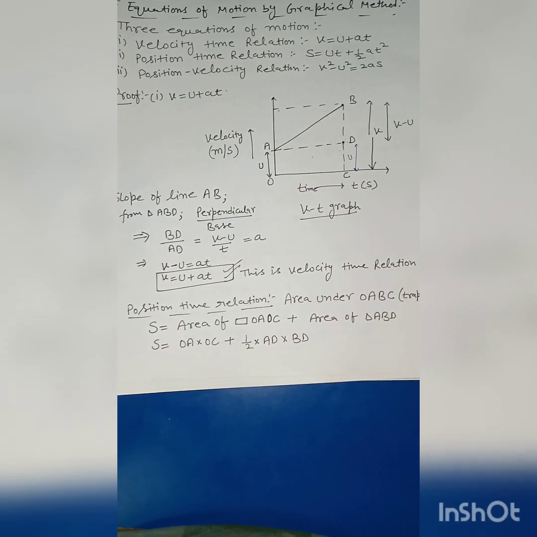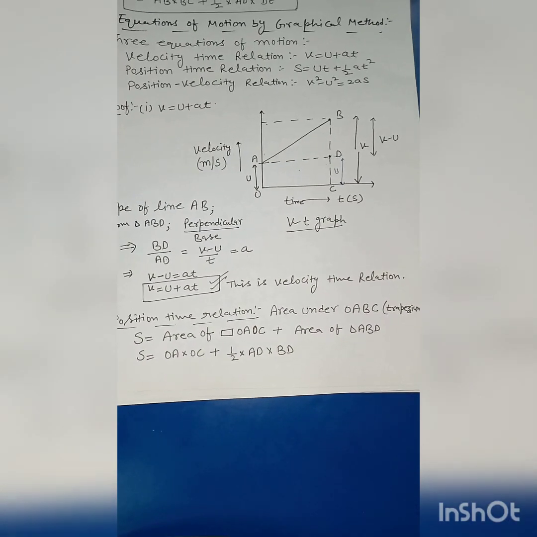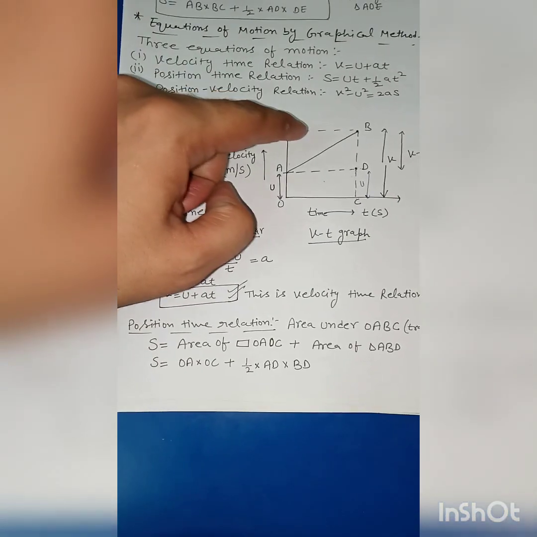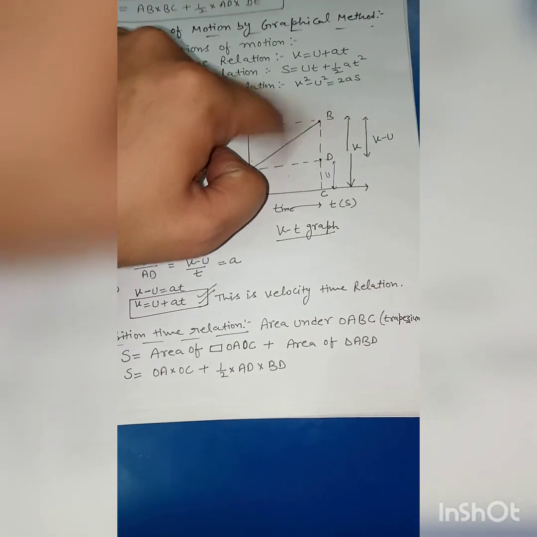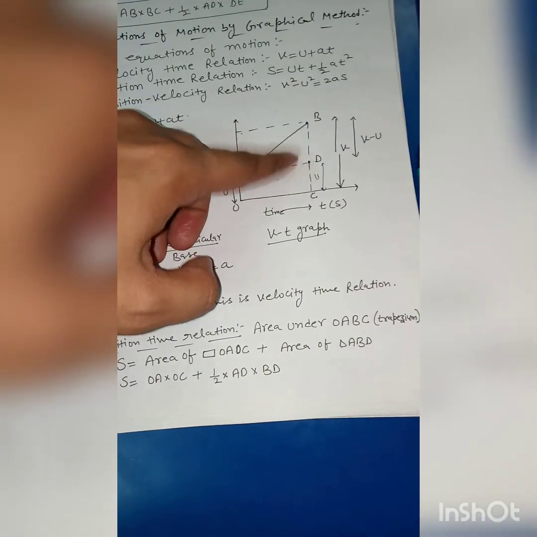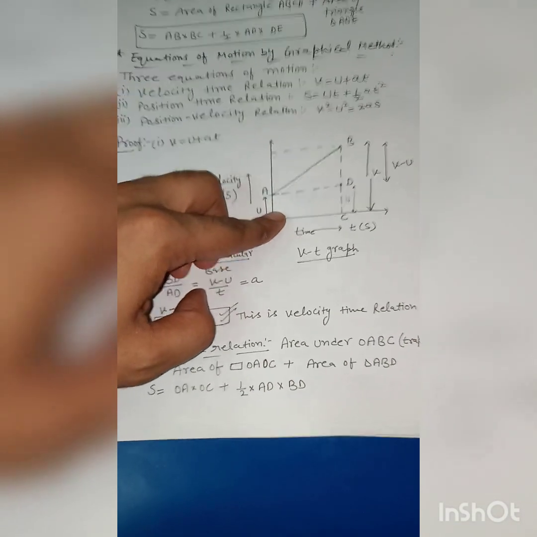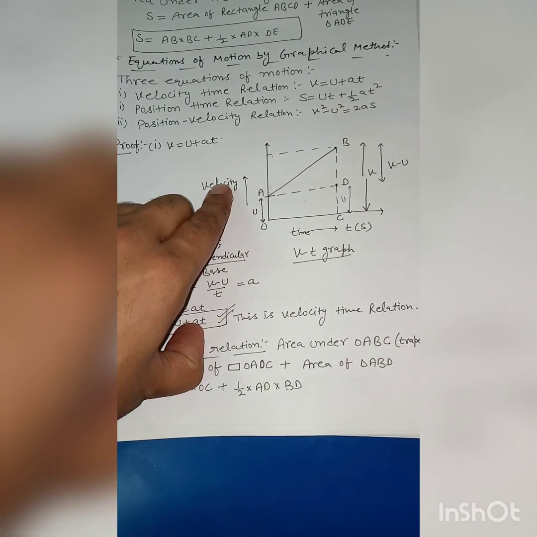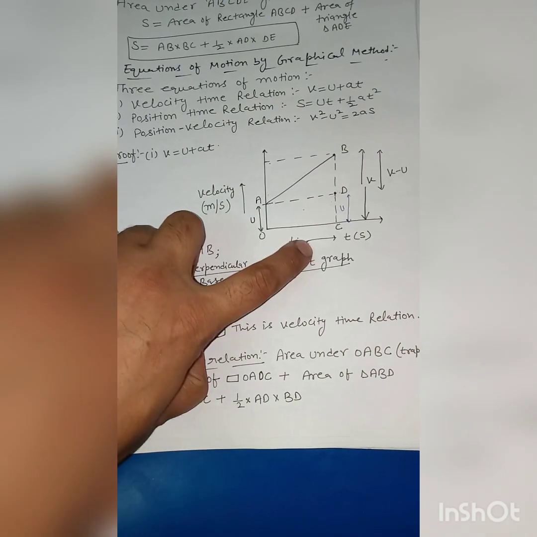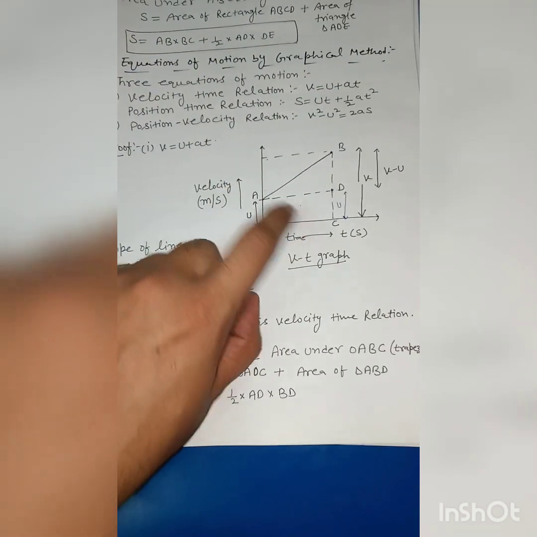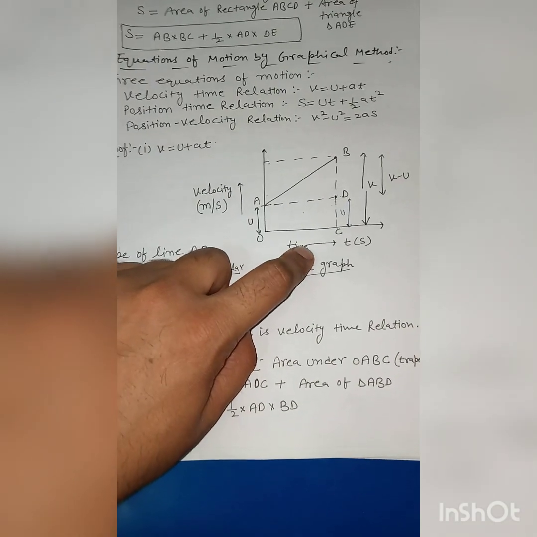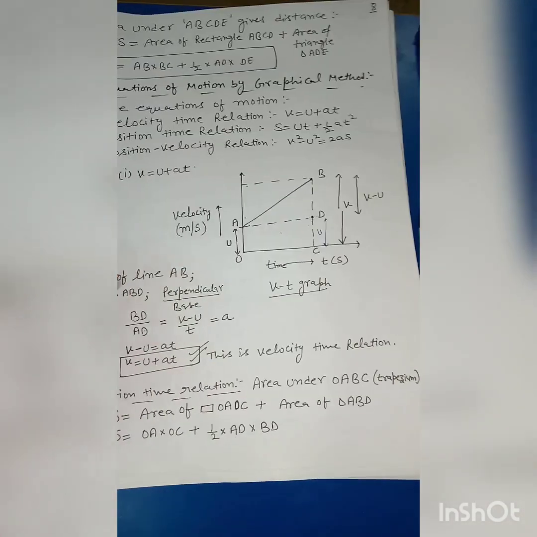Next is the position time relation. It is given by the area under the straight line AB, which we have to calculate, because we know that the area under the velocity time graph gives displacement.